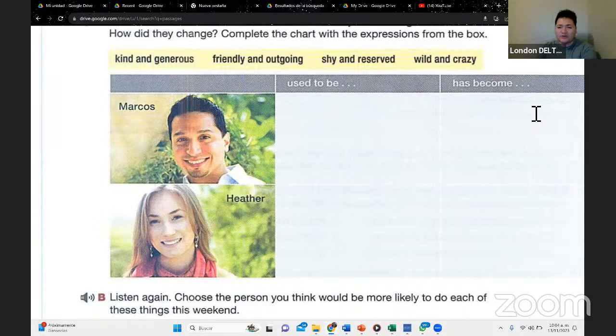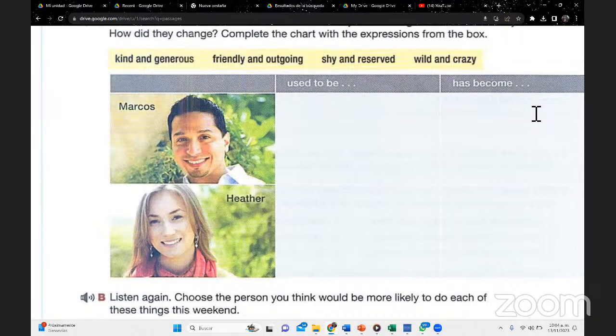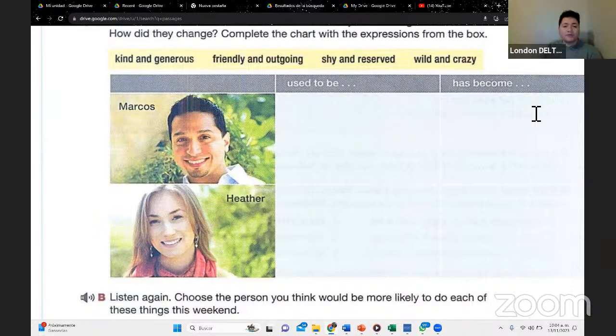Which of these words could define you? I am kind and friendly, but with some people, and I am shy and reserved. Very good. Someone else?